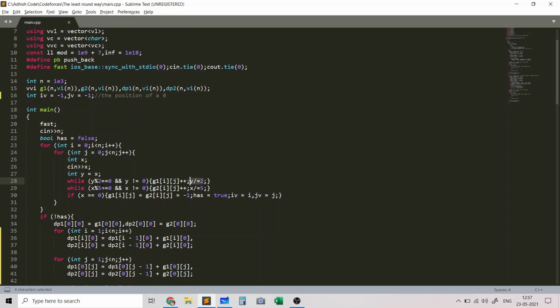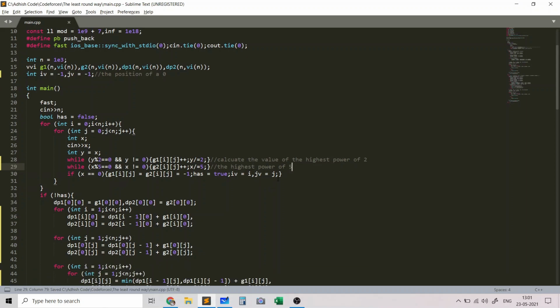Similarly, while the number is divisible by 5 and not 0, I increase g2 and divide it by 5. So these two lines basically calculate the value of g1 of ij and g2 of ij by finding the highest power of 2 and the highest power of 5 in the input number.